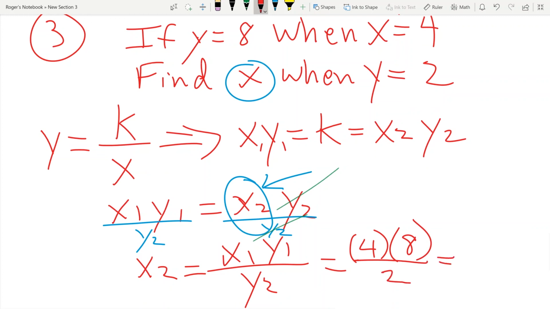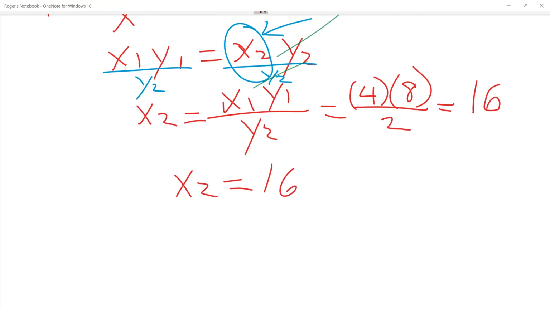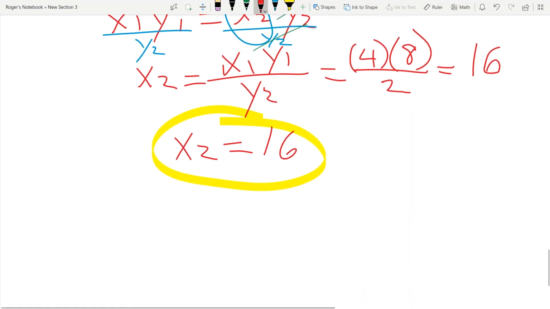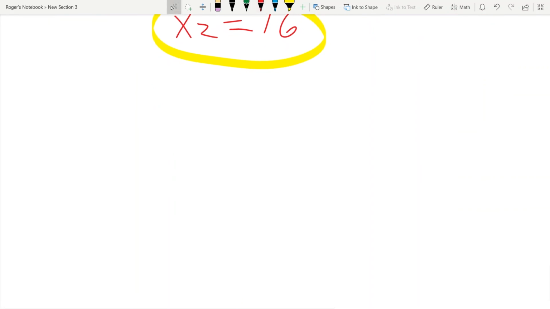And what's this come up to be? 4 times 8 is 32 divided by 2, 16, or 2 into 4 goes 2 times 8 is 16. There you go. X2 equals 16. So this is your answer right here. Okay? Let's see if we can work another equation or solve another problem.